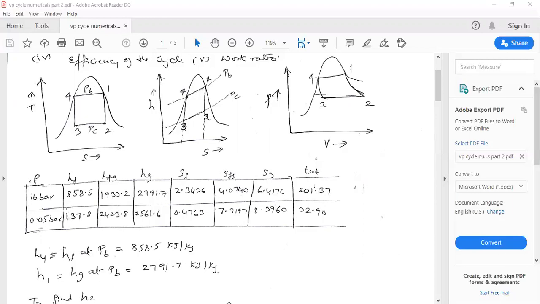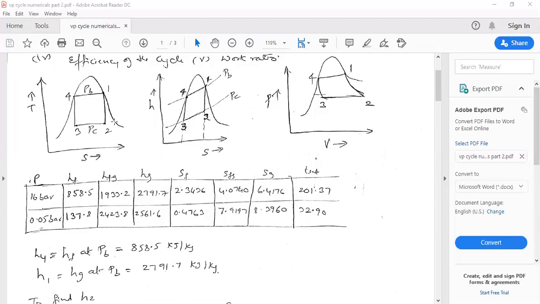Similarly, obtain the values for condenser pressure of 0.05 bar. So obtain the HF value. HF is again a point lying on this saturated liquid line. And HFG is the enthalpy required to convert from saturated liquid to saturated vapor.